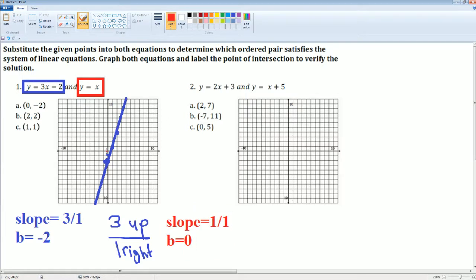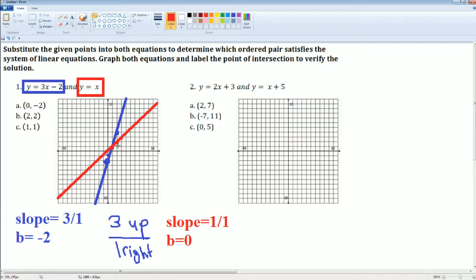It starts here at 0, 0, goes up 1, across 1, up 1, across 1, up 1, across 1. So that should be where the line is. It's very hard to tell, but 1, 1 would be a solution.